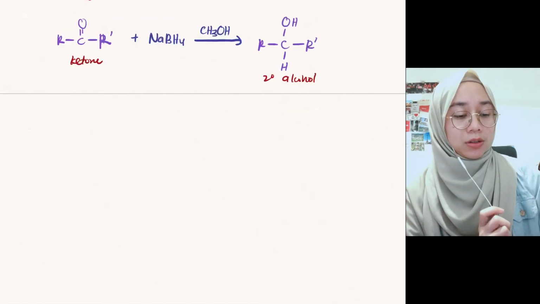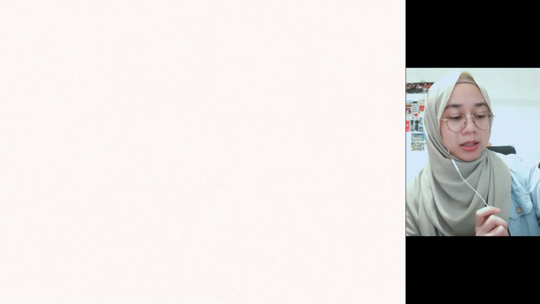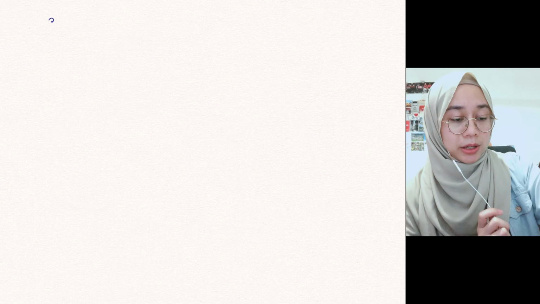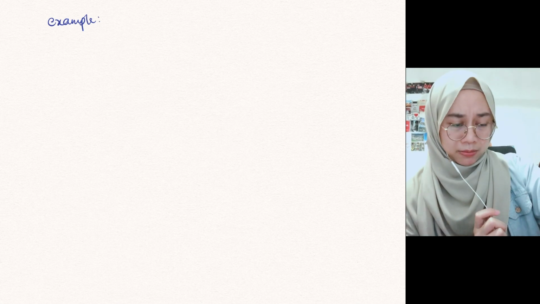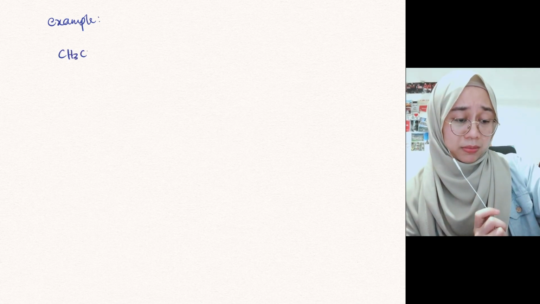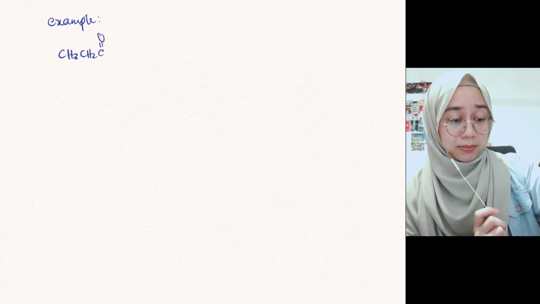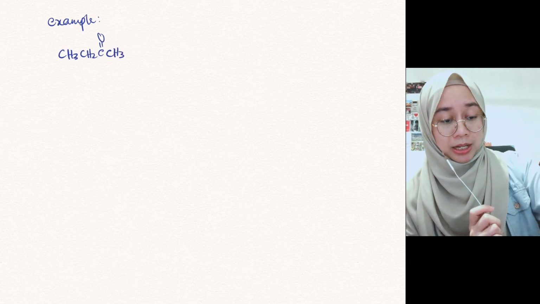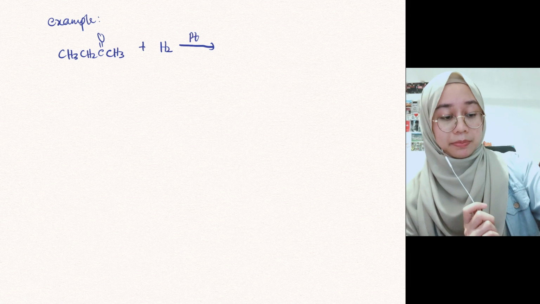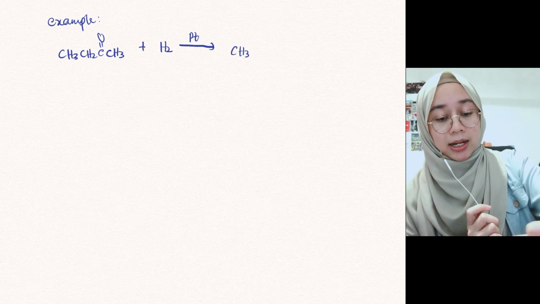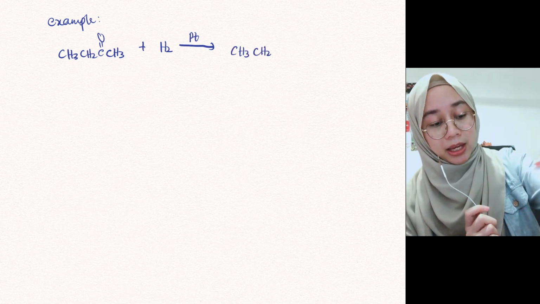Okay, so kita tengok example, satu example je lah. Okay, so kalau example, let's say kita dapat butanon, dan kita kasih react dengan hydrogen in platinum. So apa yang berlaku adalah kita salin balik everything.